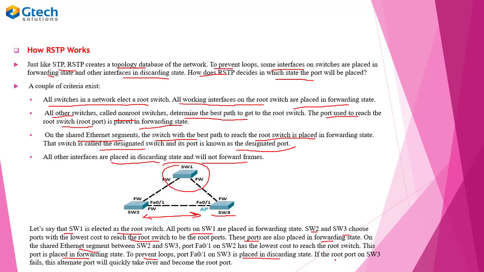Then if the root port on S3 fails, the alternate port will quickly take over and become the root port. What do you mean by that? Whenever this one fails, this alternate port will pick up as the root port. Guys, it's the same concept that we learned in spanning tree protocol. So it's just like a recap, right? Let's see what we have next.